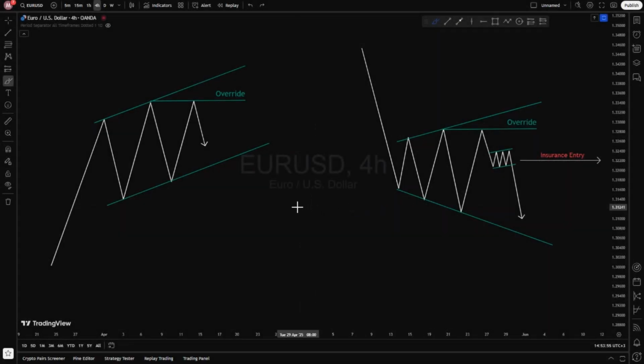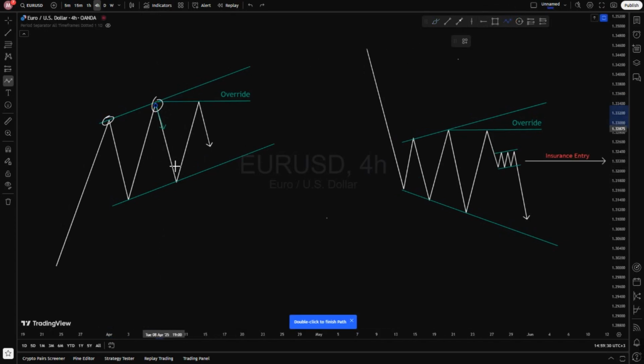All right, let me give you a mental picture. Let's say price is trending up, higher highs, higher lows, and you're waiting for a third touch of the ascending channel. Price gives you the first and second touch, comes down for the pullback, and you're expecting that final tap before the move continues.